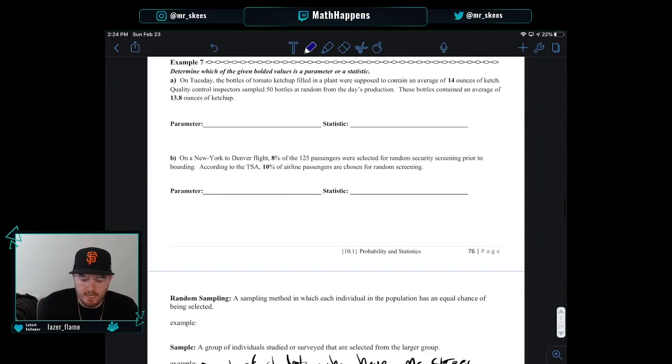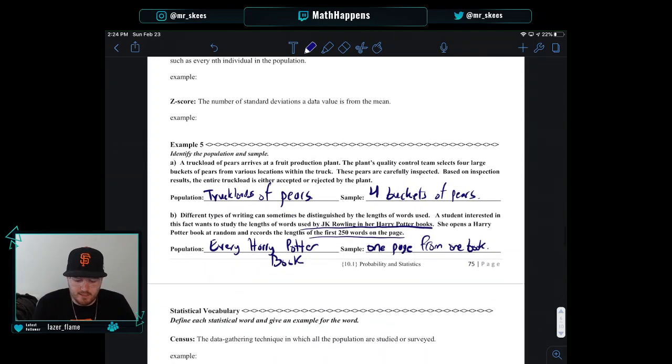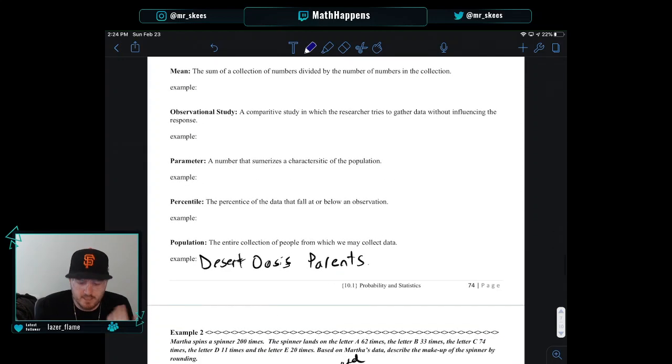Keep that in mind. And it's kind of interesting because a sample could become a population, and a population could become a sample. Like when I said Desert Oasis parents, well, what if CCSD, the entire district, wanted to have a survey of all parents?